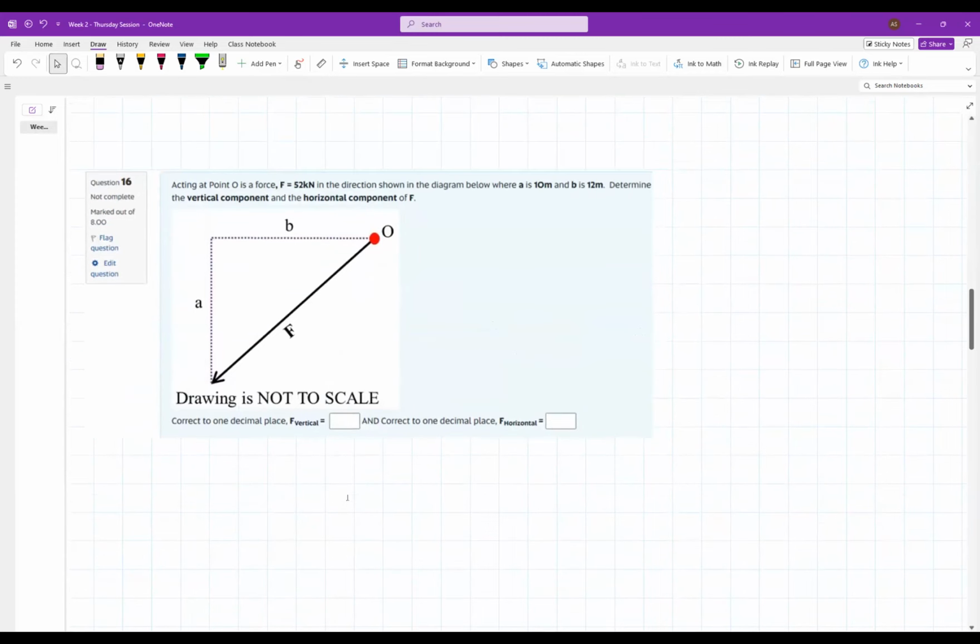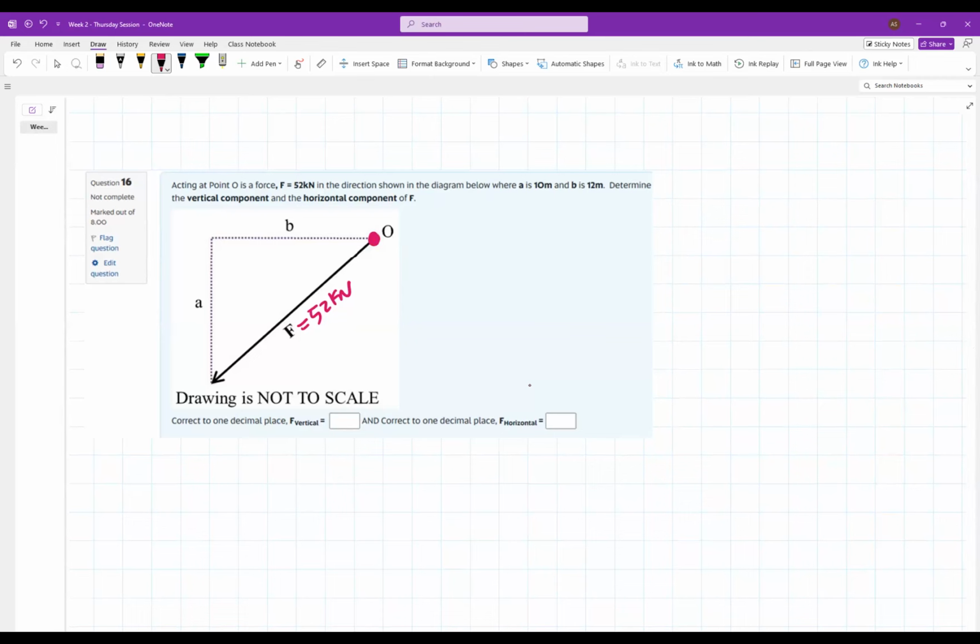So the next one will be about finding the component of inclined forces. This also depends on which trigonometric function to use, like tan, cosine, sine. If we look at this question, we have at point O a force F equal to 52 kilonewton, in the direction shown in the diagram below, where A is 10 meter and B is 12 meter.